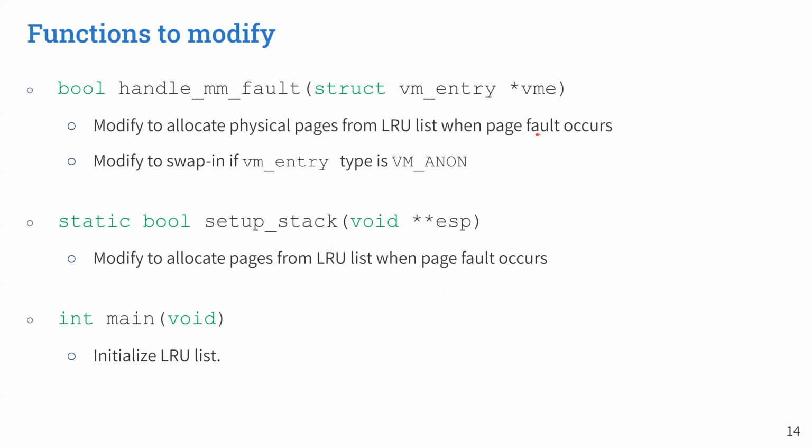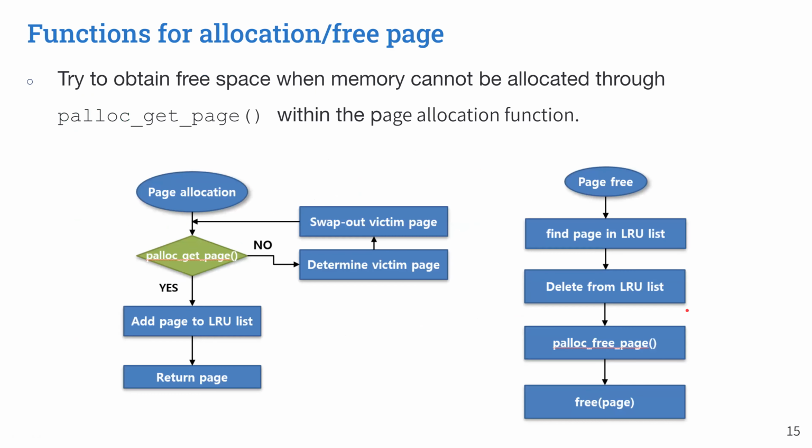You should also modify the function to swap in the VM entry if the VM entry type is VM anonymous, which is going to be heap or stack pages. And you should modify the setup stack function to allocate pages from the array list when a page fault occurs. Finally, in the main function, you should initialize your own array list, the global variable.